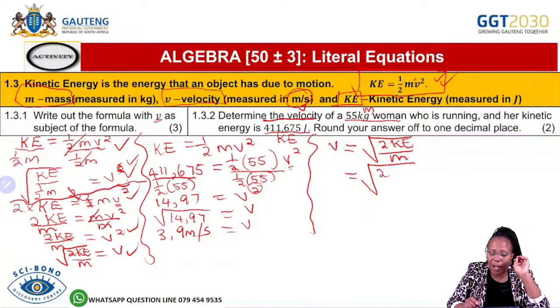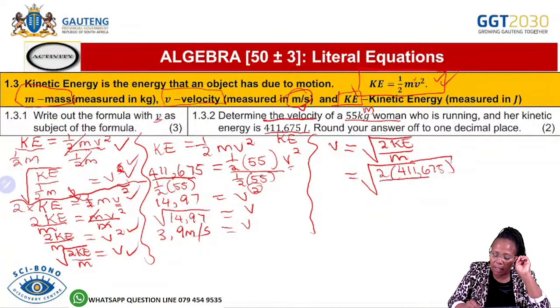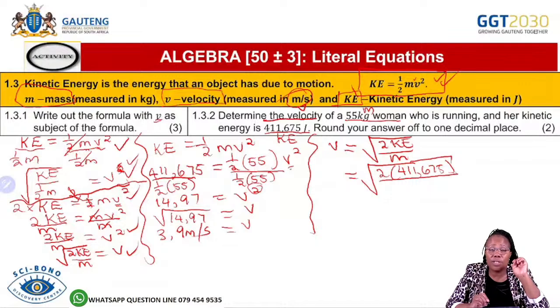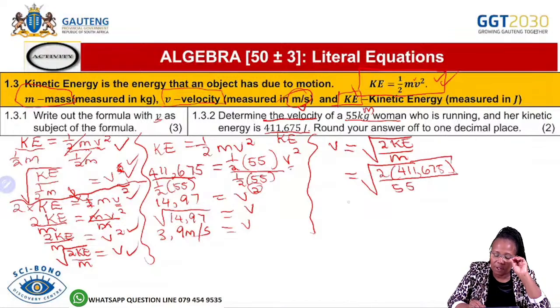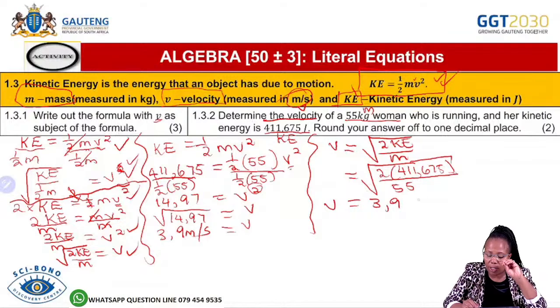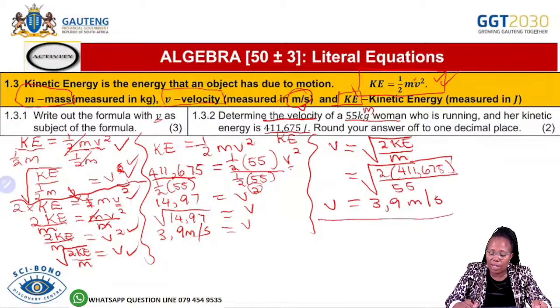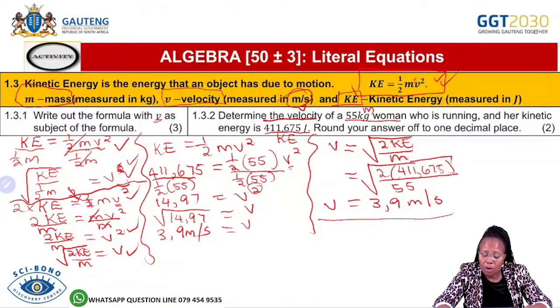Our kinetic energy is equal to 411,675 joules, and don't stress about the units now, as long as you can indicate the final ones on the final answer, okay? And the mass, we are having 55. Everything into your calculator, it will go straight to 3.9. Then you add in your unit, which is meters per second. So that is the velocity of that woman who is running.